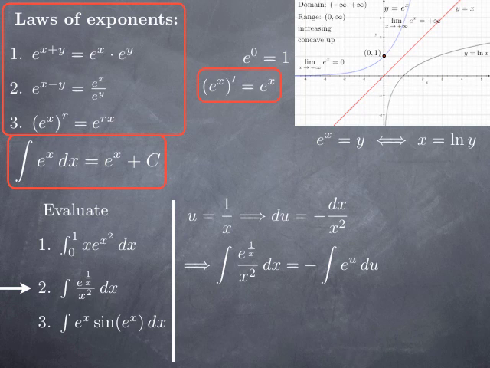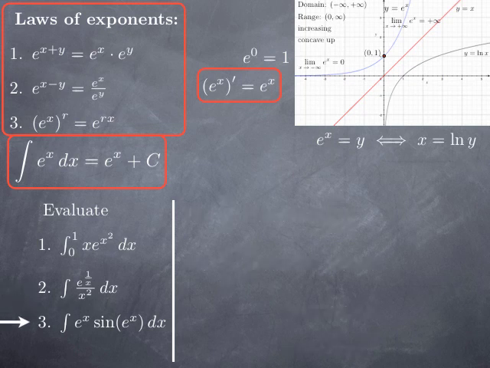And the integral of e to the u du is just e to the u up to a constant. So we obtain negative e to the u up to a constant. And because we're looking for an antiderivative of the function e to the 1 over x divided by x squared, we look for this antiderivative as a function of x. We substitute back the value of u in terms of x, and we obtain negative e to the 1 over x up to a constant.